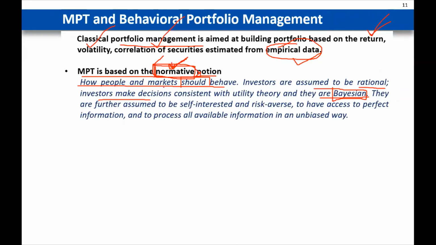So if people are rational, whenever they get new information, what will they do? They will update their probability with the Bayesian formula, and they make decisions based on that. And you heard about the utility concept from microeconomics?